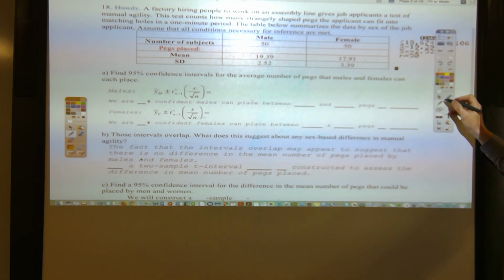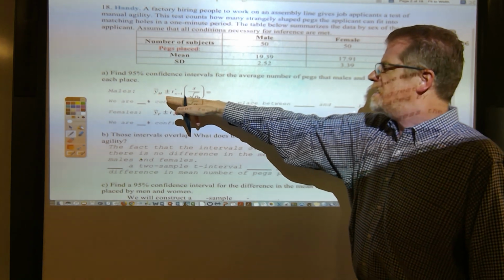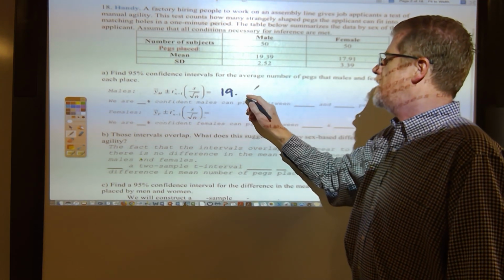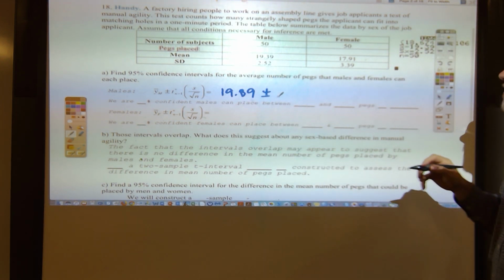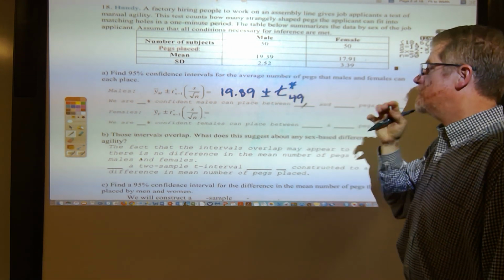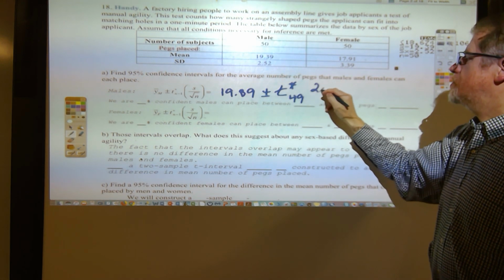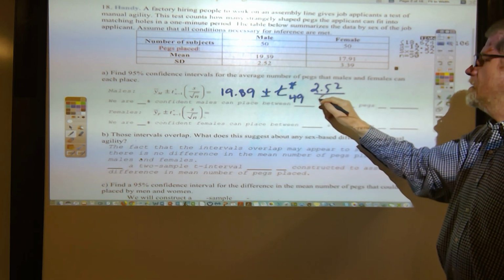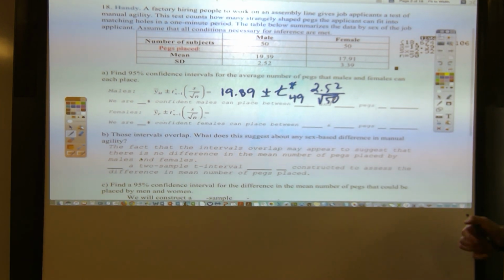For males, the observed mean for the males is 19.39 plus or minus T star sub 49, there's 49 degrees of freedom here, times the male standard deviation, 2.52, divided by the square root of the sample size, square root of 50. So that's what we write down.